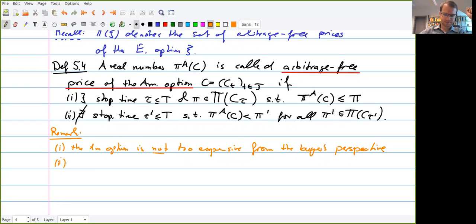And the second one is: okay, the buyer cannot outperform the seller. So the American option is not too cheap from the seller's perspective.